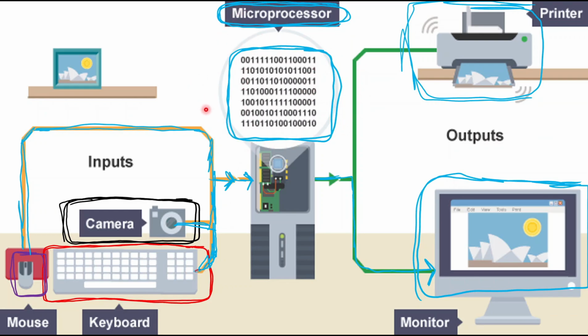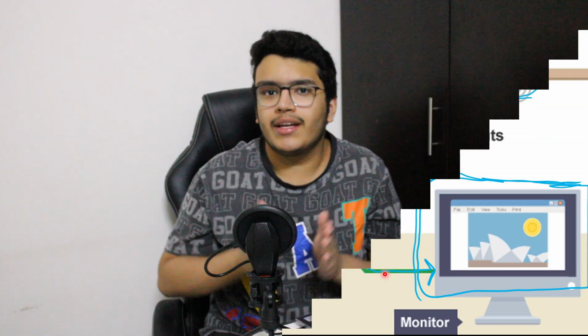The microprocessor converts that input into zeros and ones, and then you get the output on your monitor. It could be any input device such as a camera, mouse, or scanner. The input is always going to be converted by a microprocessor into zeros and ones, and then you'll get the output, whether it's on your printer or your monitor. So that is basically how the source code communicates with the computer, and how computers work when we provide them input from the keyboard.